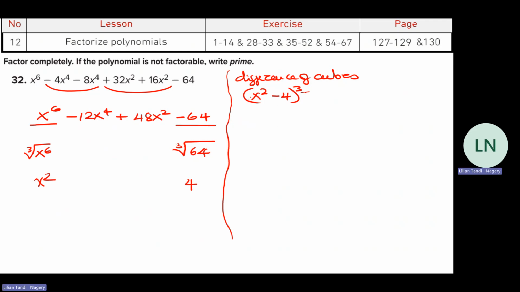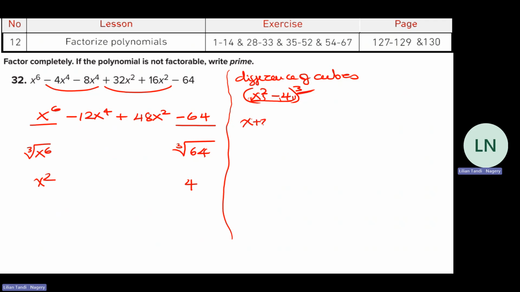This right here, just this part is a difference of squares. But then that difference of squares, you need to cube it because it has the power 3. So how do you find the difference of squares of this? You need to find the square root of this, and you need to find the square root of that.